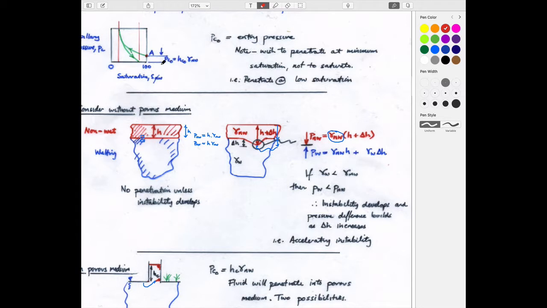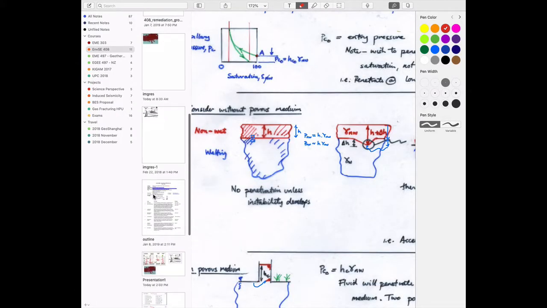If the height of the fluid is bigger than this amount, then it can invade at a very low saturation of the non-wetting fluid, right? 100% water saturation, or 99% water saturation, 1% oil saturation. 100% at that particular point, but maybe 1% if you take a bigger REV that goes around it, from what we looked at like this, right?